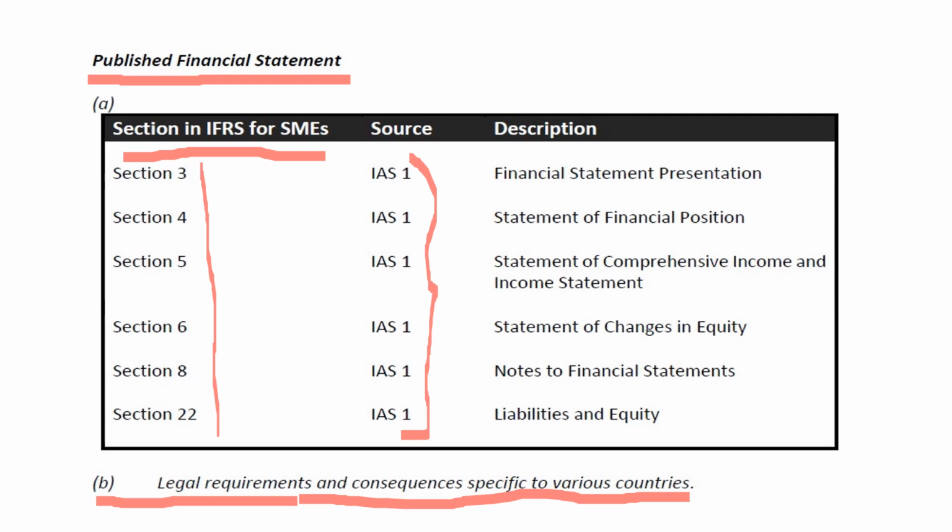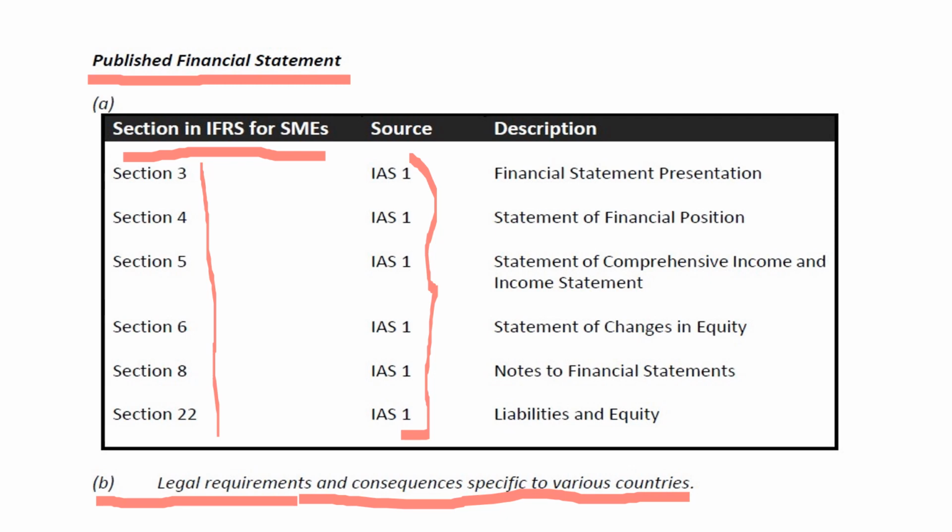Usually these IAS are what the local Companies Acts are made up of anyway. But your Companies Act may not be as up to date as the IAS and the IFRS for SMEs. So you read these sections again and you will know how to prepare the financial statements.